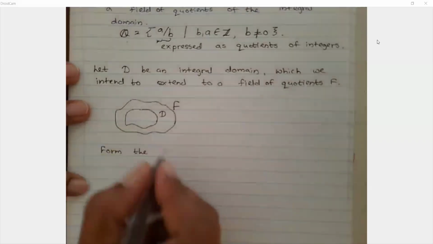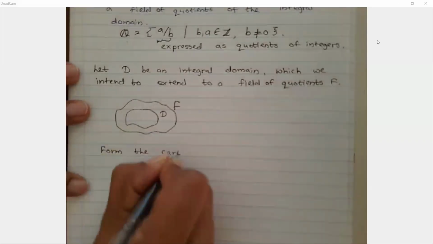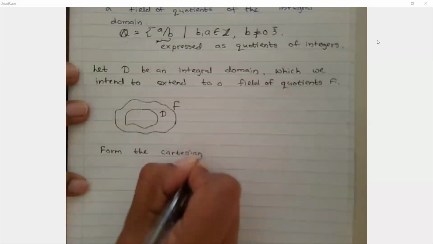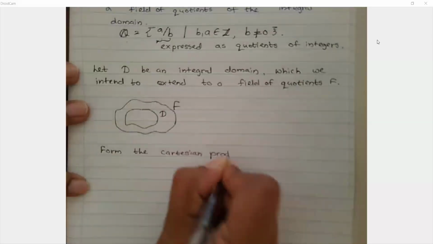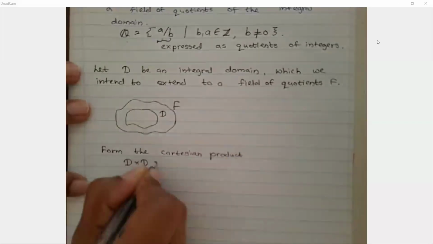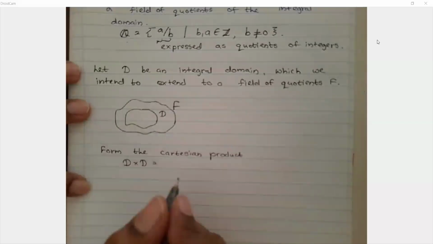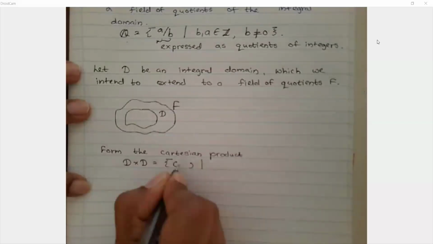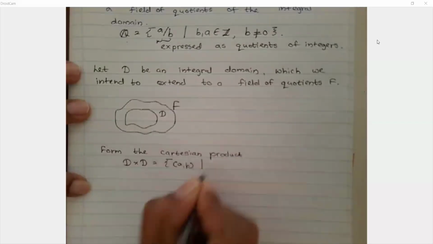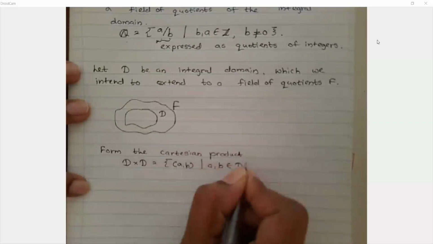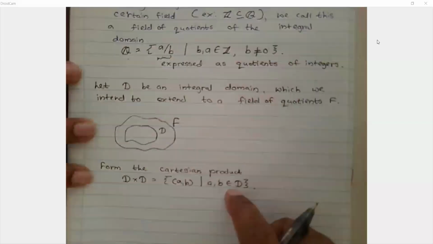Form the Cartesian product, which contains pairs of elements of D, a and b, where a, b are elements in D. You can compare this with this one.